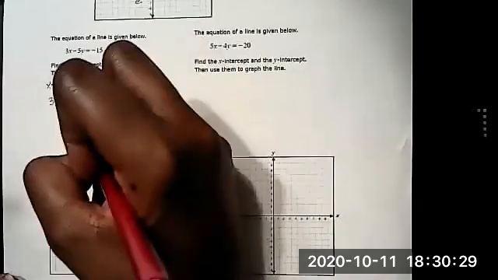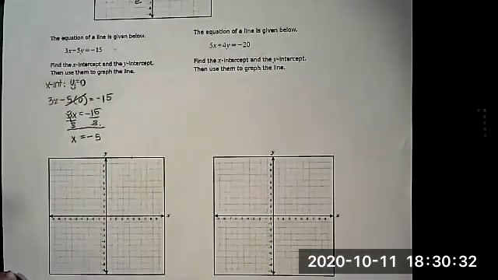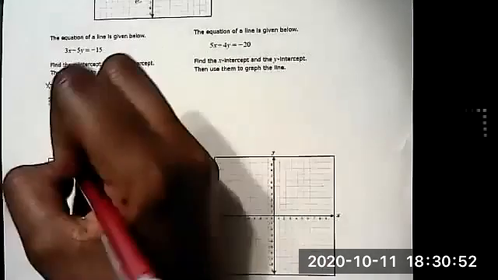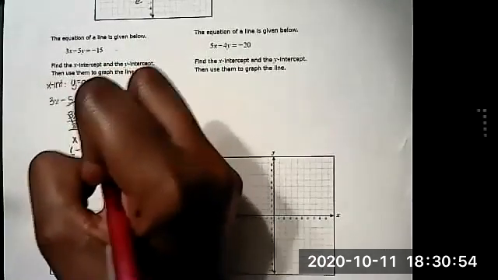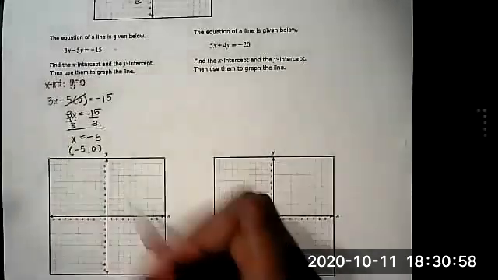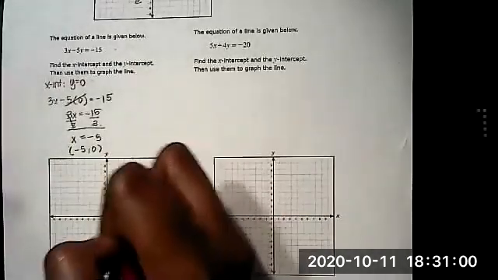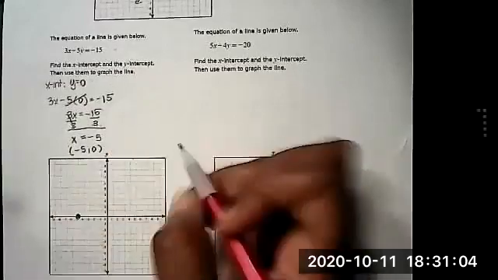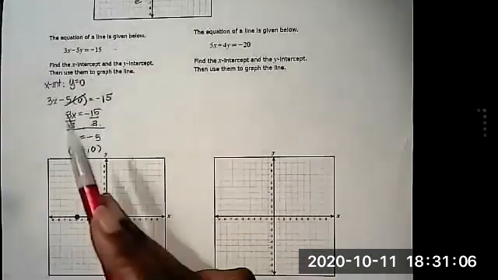X equals negative 15 divided by 3, negative 5. So the point would be (negative 5, 0). That would be the point on our line. On the x, we just go to negative 5, which is right here. Negative 5 is your x-intercept.